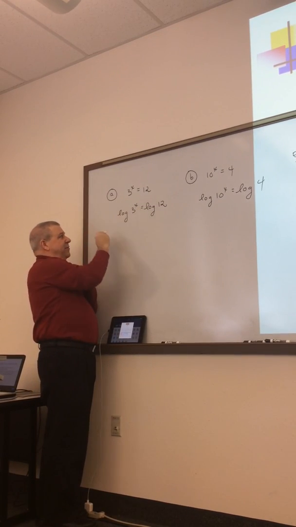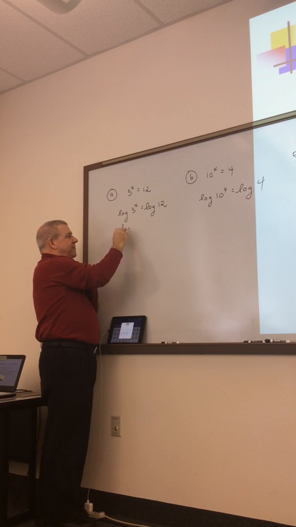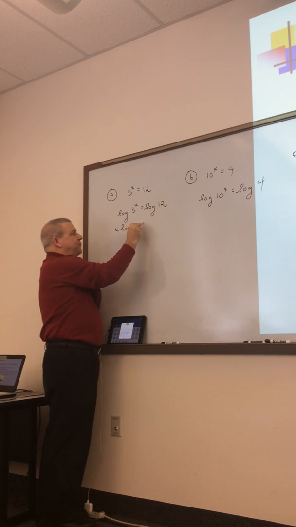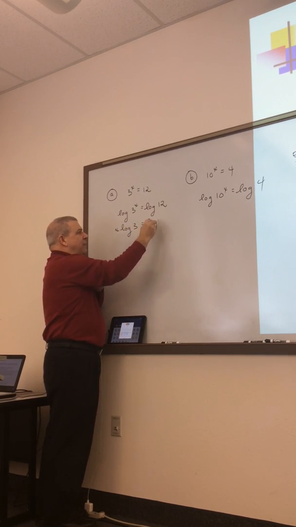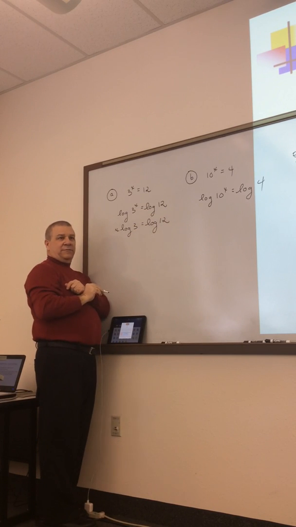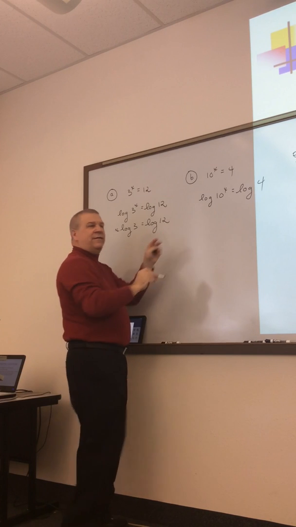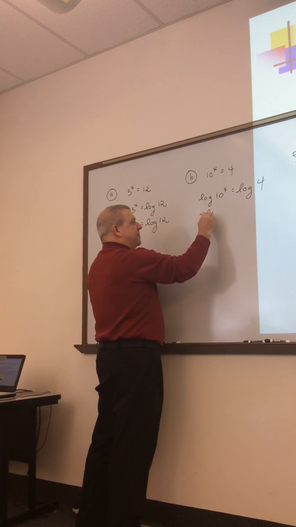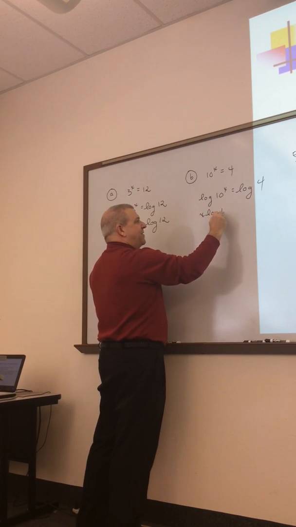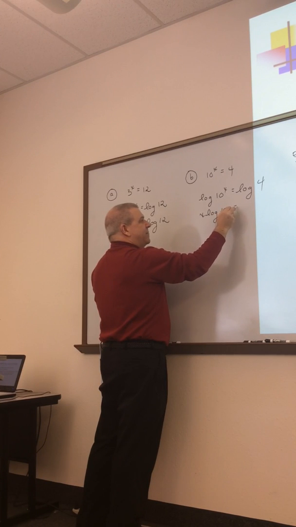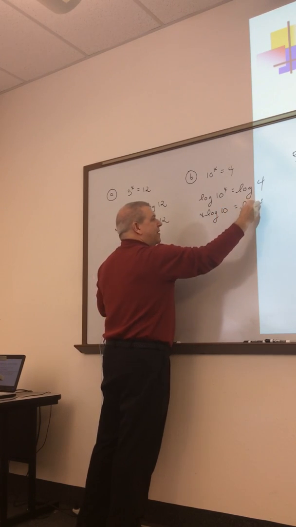So this is x log of 3 equals the log of 12. Stay with me here. And this one is x times the log of 10 equals the log of 4.